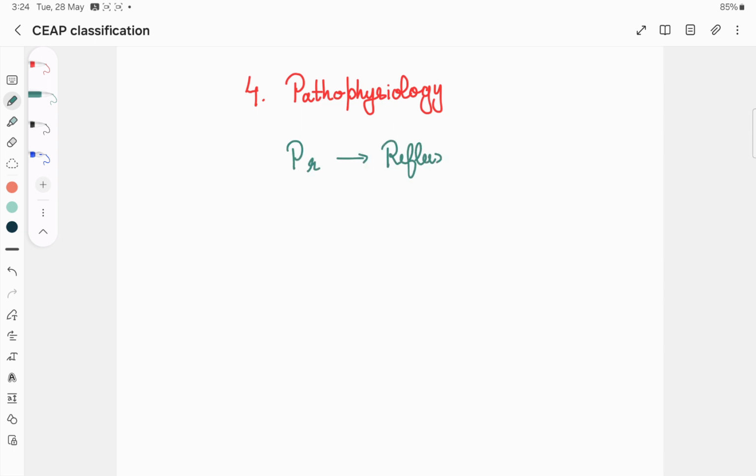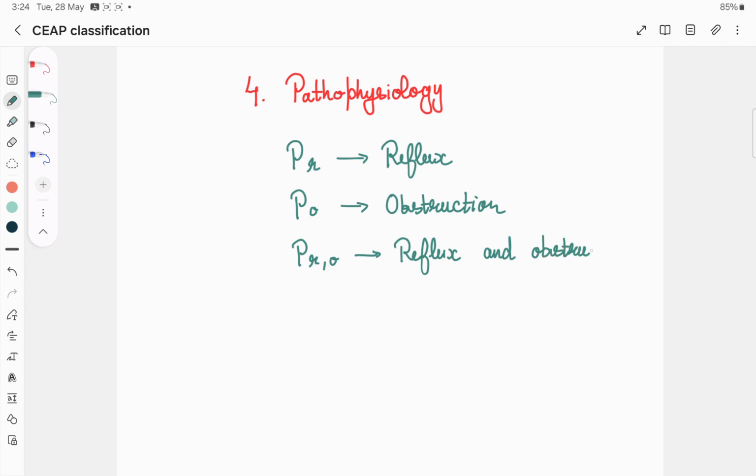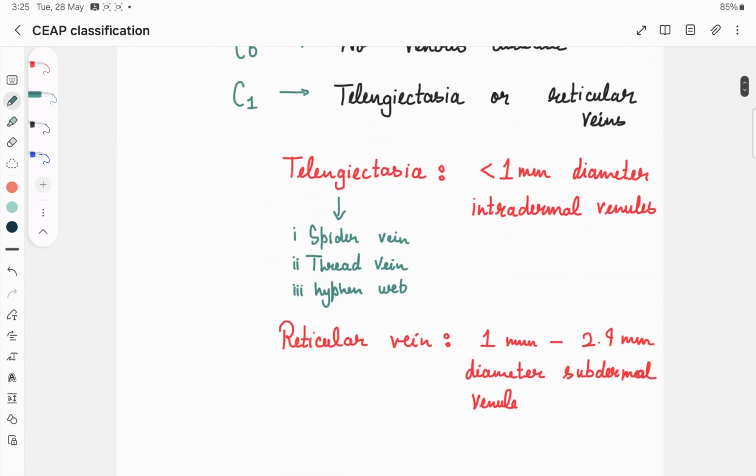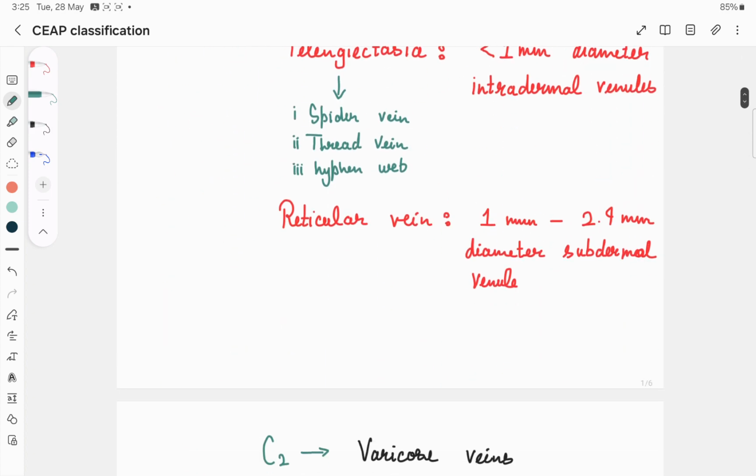So how do we classify pathophysiologically? We see reflux, obstruction, or both. Reflux and obstruction. And then there is always PN, no pathophysiology identified. So this completes our CEAP classification.